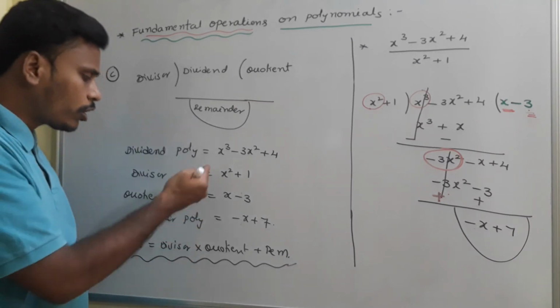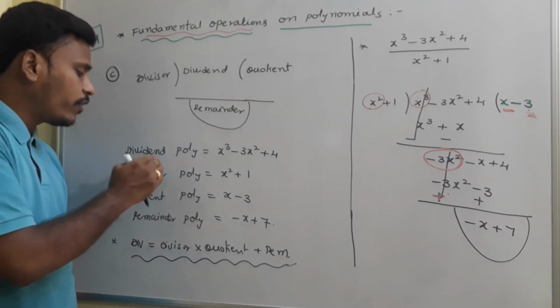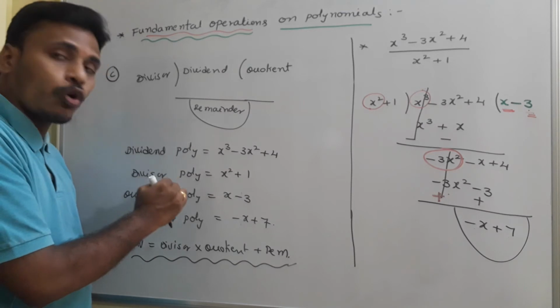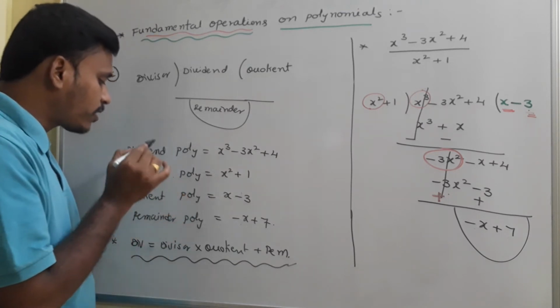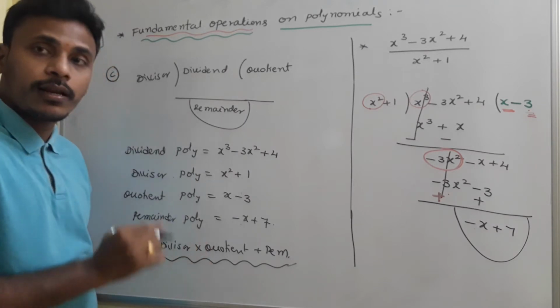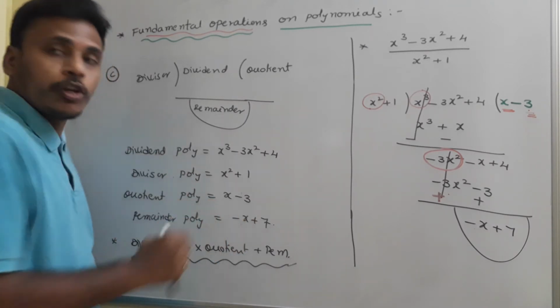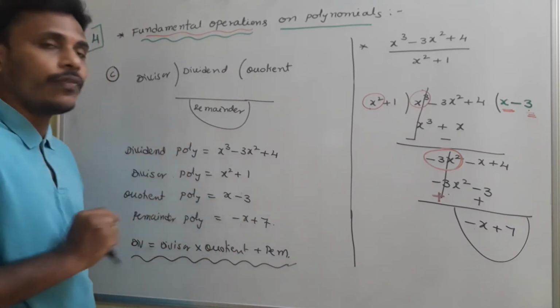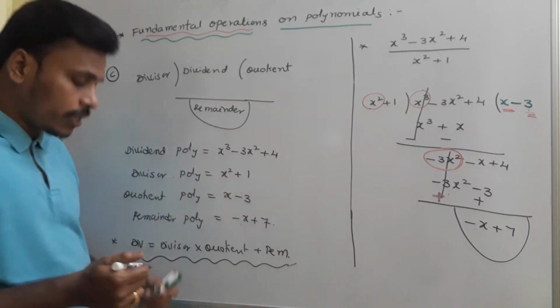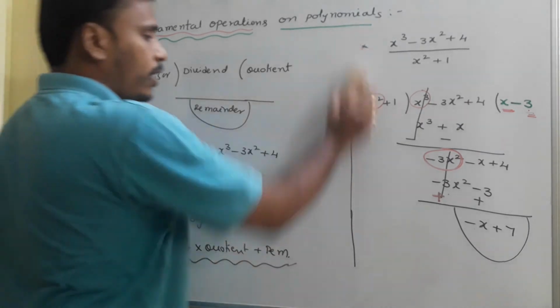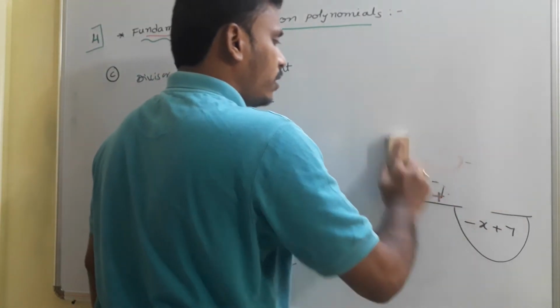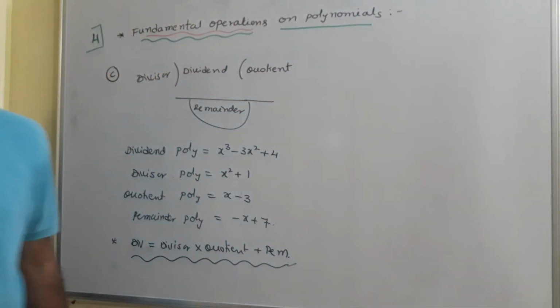To check, you just go with this example. We have dividend polynomial, divisor polynomial, quotient polynomial and remainder polynomial. You just multiply this divisor polynomial with quotient polynomial and then add remainder polynomial, you will get surely dividend polynomial. So for that checking, I will use this space. I will erase it. I think this division is very clear. I am erasing this. Now you just check it.